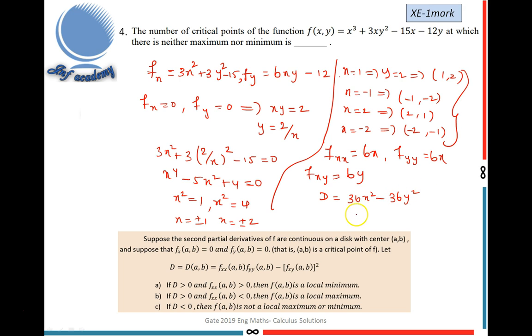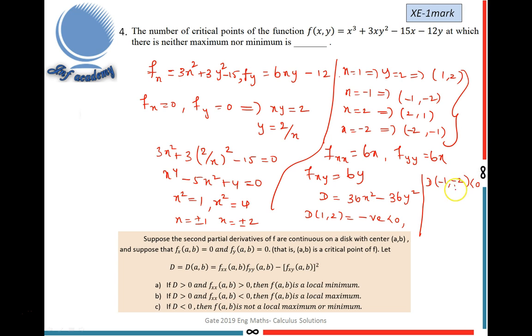First, I substitute the point 1 comma 2 in D, that is D of 1 comma 2. D of 1 comma 2 is negative, less than 0. So in that place, f has neither maximum nor minimum. Next, I substitute the point minus 1 comma minus 2. This is also negative, less than 0.